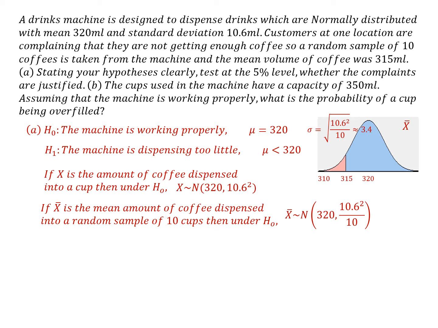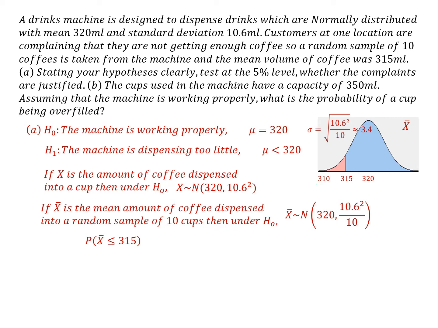So what is that probability? I would use in my calculator a lower figure of minus 10,000, to be absolutely safe. This would be my upper figure, that's my mean, and that's my standard deviation.